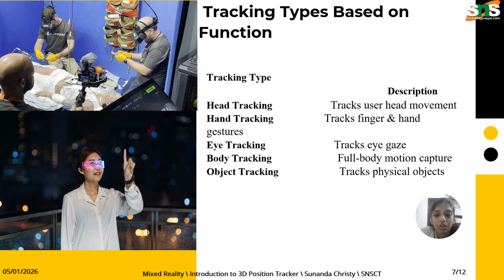Hand tracking tracks the fingers and the hand gestures, and eye tracking follows how the eyes are gazing, up and down or left and right. Body tracking captures the full body motion. And object tracking tracks the physical objects that move when the 3D animation takes place.